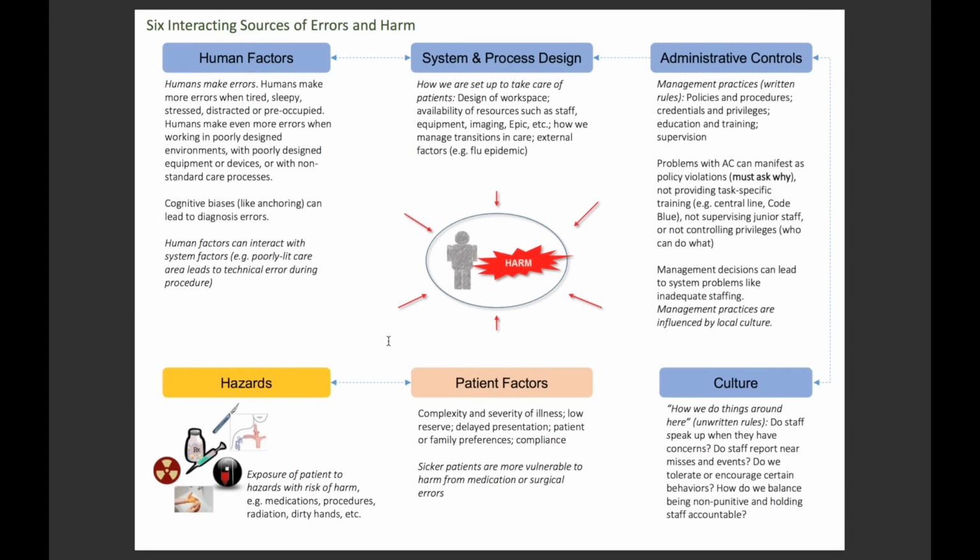Many times when things go wrong, our first response is to punish. And part of the reason why we don't speak up is we're afraid of being punished, because we've grown up in a reward environment where if you're the best student and you do the best, you're going to get rewarded, and anything short of that is a punishment. But for patient safety, it's really important to separate out holding people accountable versus punishment.